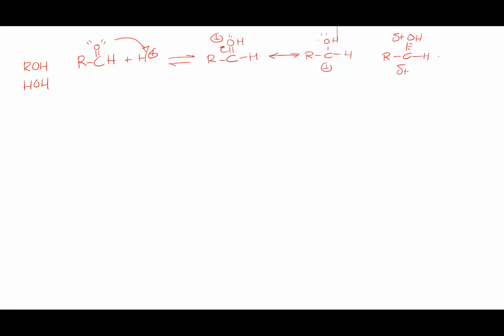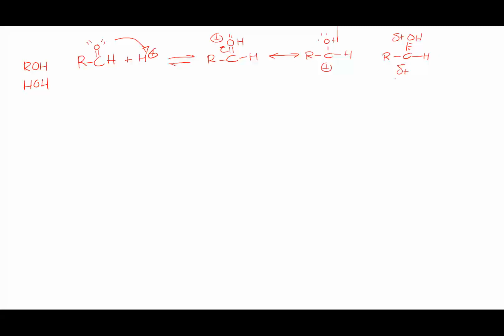And so in the resonance hybrid, what I'm going to end up with is that structure. And so what I've done is, when I've given this molecule a +1 charge, a lot of that +1 charge doesn't want to be on the oxygen, it wants to be on the carbon.